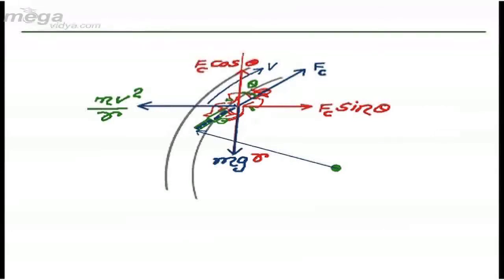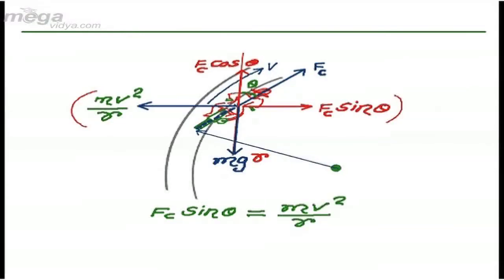So, as far as this mv square by r and this Fc sin theta are under consideration, we can write for the net force to be 0, Fc sin theta must be equal to mv square by r.